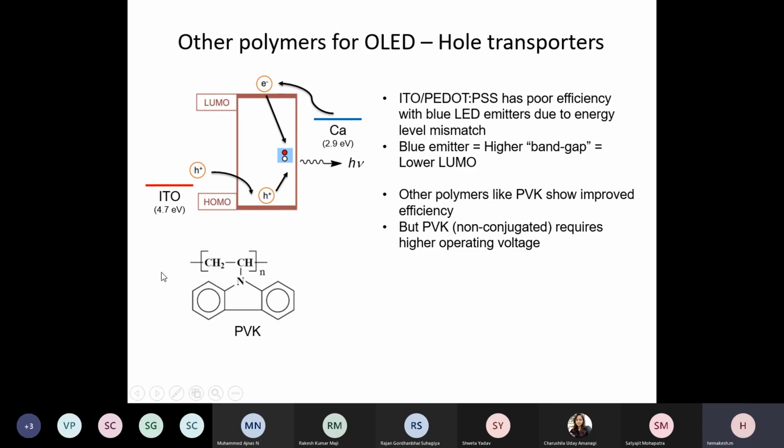This is also another polymer that shows up in OLED literature, and again, it is not usually used as an emissive layer. It is used for a hole transport layer as well. The problem with this kind of polymer is it's non-conjugated, so it is, after all, a dielectric material as well. It has its limitation, as it requires certain voltages where it can perform its hole injection layer role.